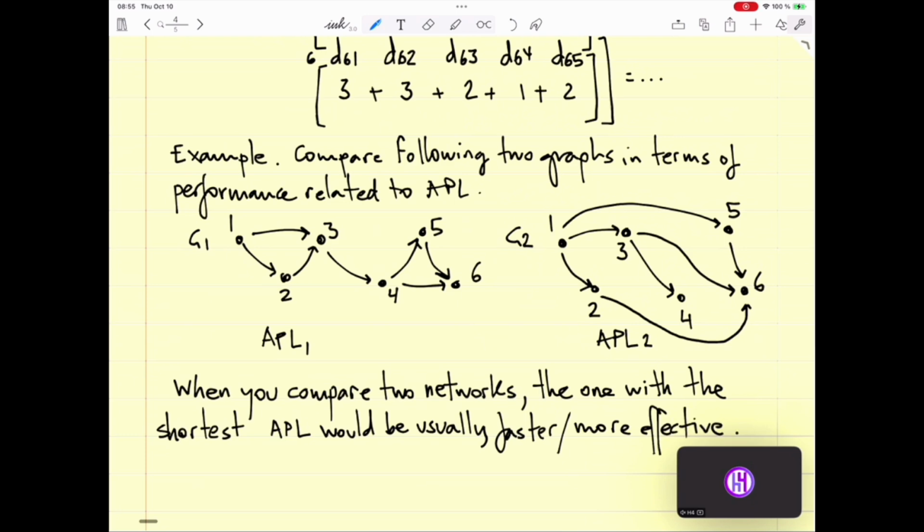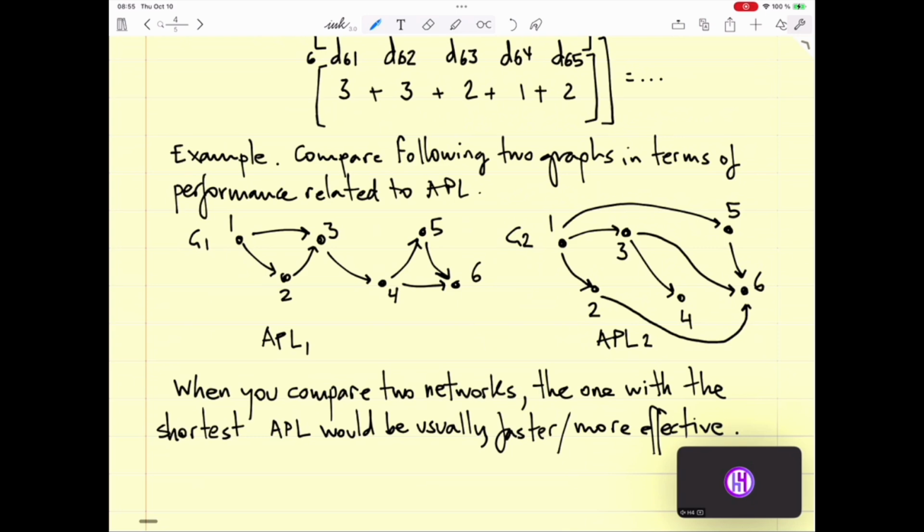Okay? That's a fact. It's a physical fact, just like some people are taller and some are smaller, okay? It's just made out of the structure of the network.